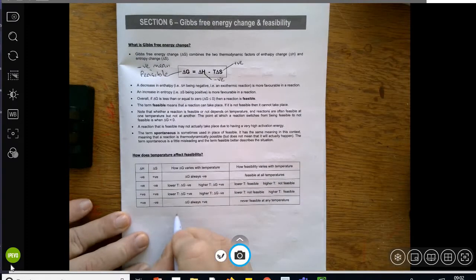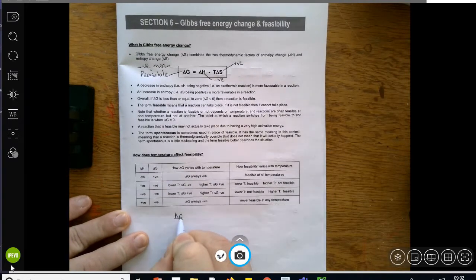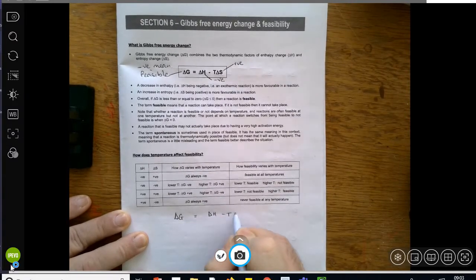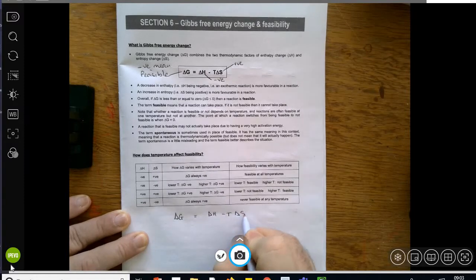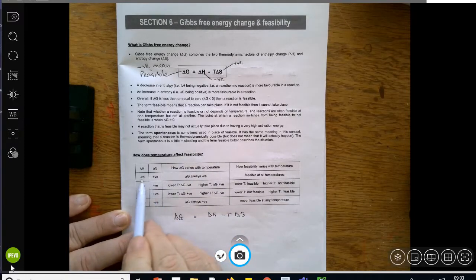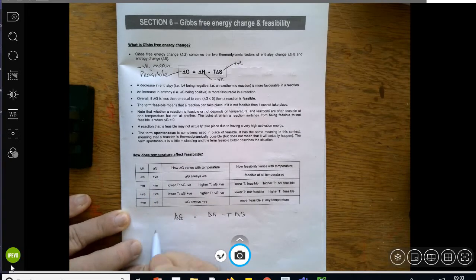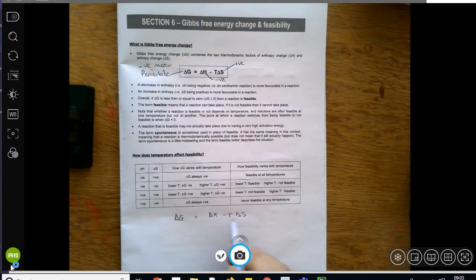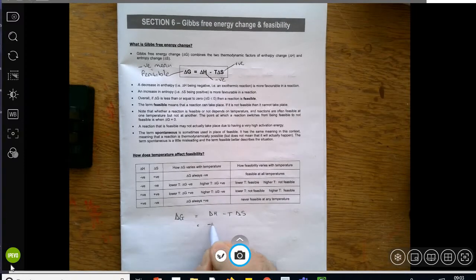So for example, if we've got delta G is equal to delta H minus T delta S, and I can do this as an example for the top value, if delta H is negative and delta S is positive, no matter what value I put into these numbers, the overall result is going to be a negative answer.